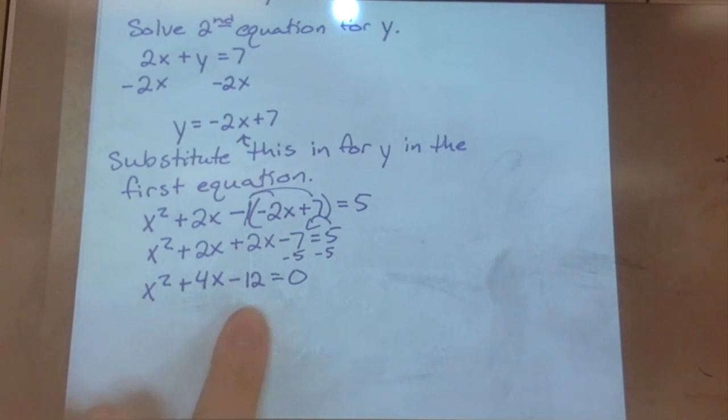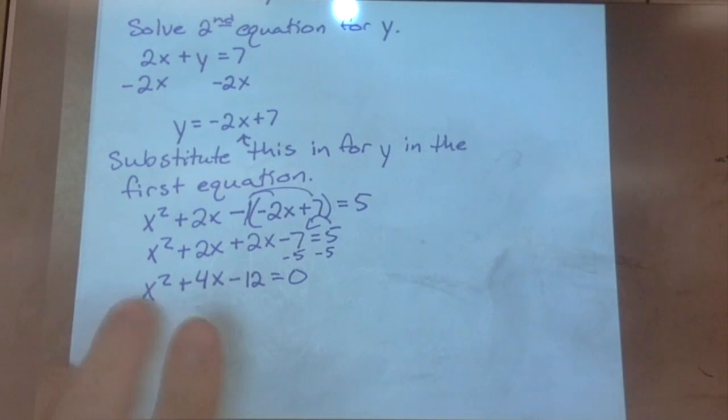So I can think, what two numbers multiply to give me a negative 12 and add to give me a positive 4? And remember, if this number is negative, your C value is negative, since you're multiplying, the two numbers are going to have to be different signs.